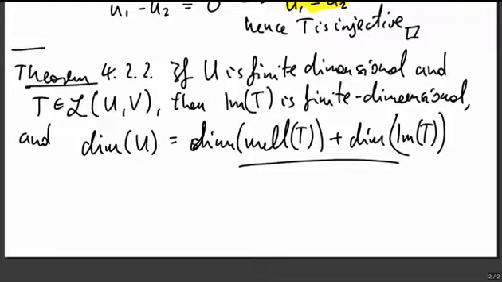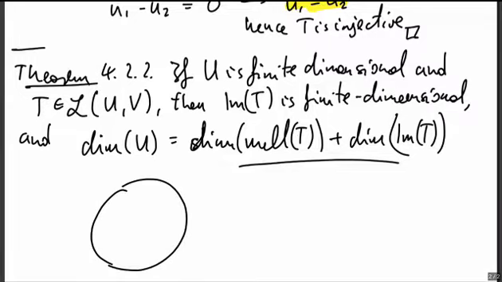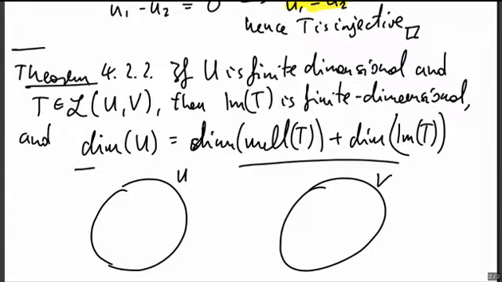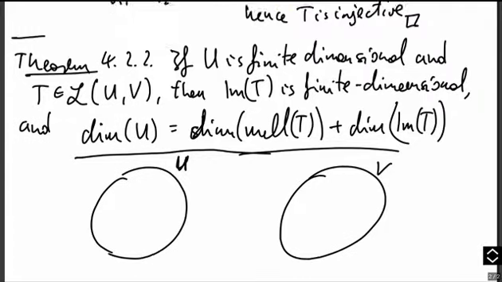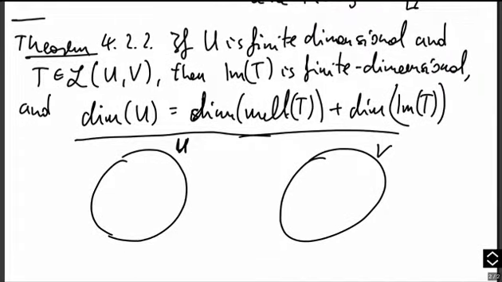The proof of this is very useful. In fact, we will need this to solve some of the homework assignments. So before proving it, let me first try to visualize what it means to have this kind of arithmetic. U is a finite dimensional vector space. It has some dimension. The null space is in U, so that's a subspace.